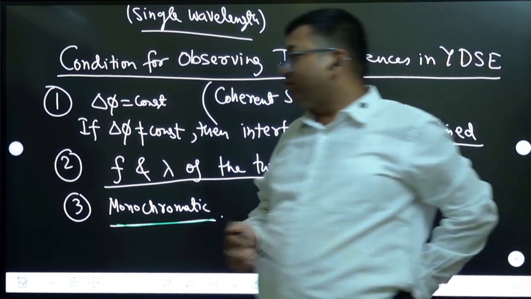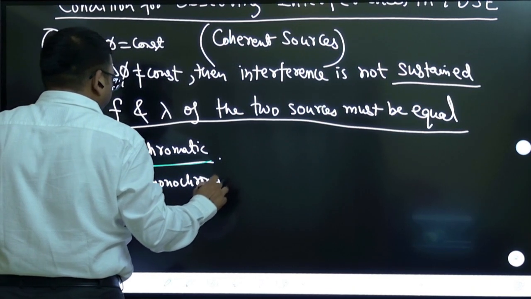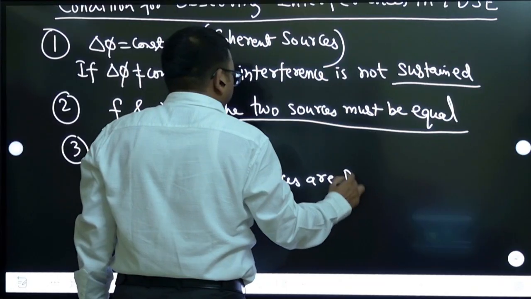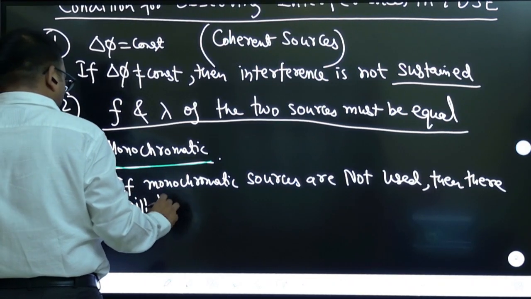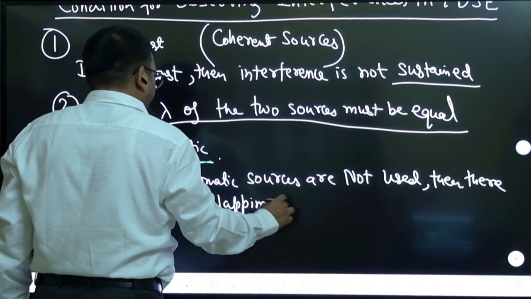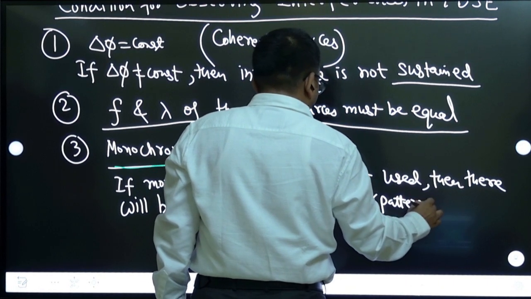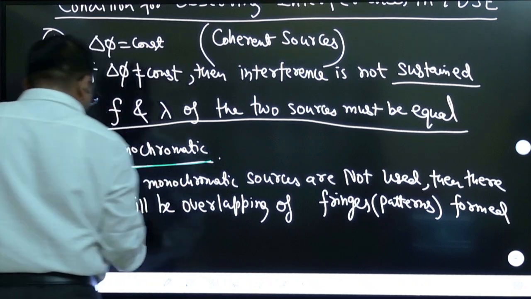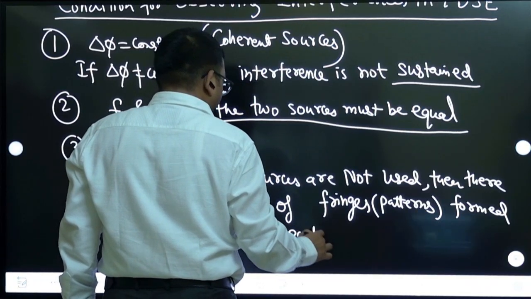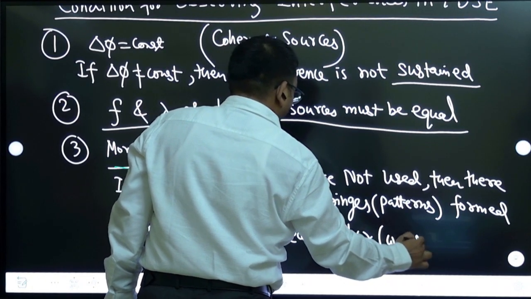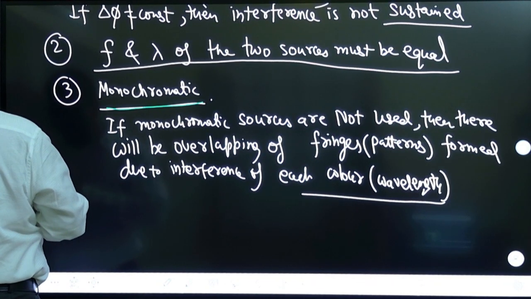Okay, so if monochromatic sources are not used, there will be overlapping of fringes, meaning the patterns formed due to interference of each color or each wavelength. So overlapping will happen and a clear pattern will not be visible.